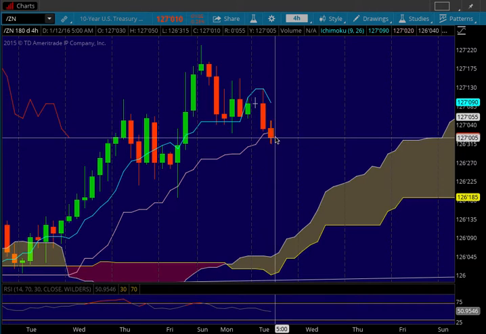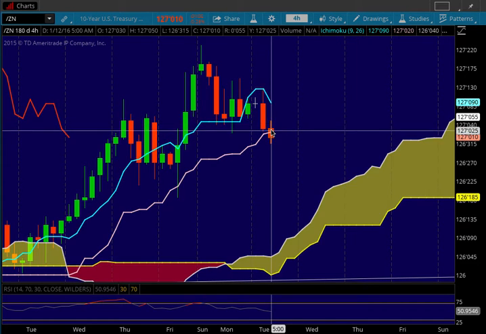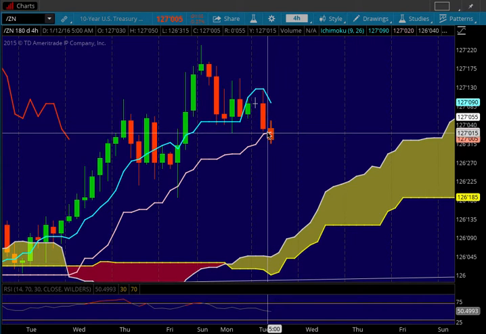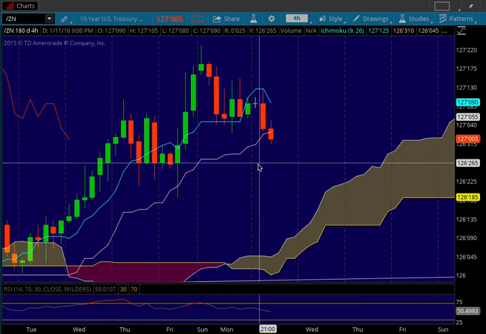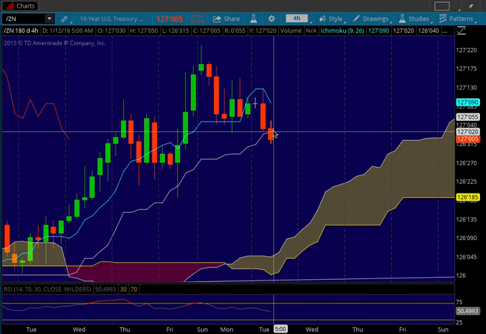And then the new current candle that's open right now has been unable to hold the support of the Kijun-sen. Kijun-sen support is at 127.020, so that's right where I entered my short trade. So it's pretty significant.